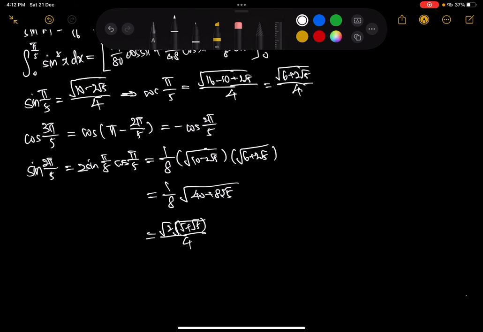And then subbing it in, we have 10 plus 2 root 5 over 4, rooted, of course. And for the same reason, this is the simplest form.